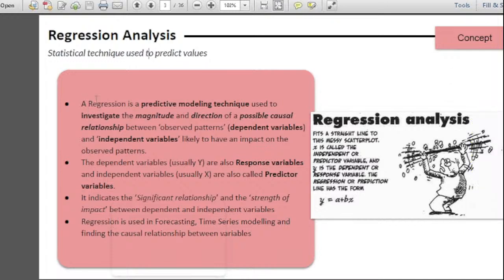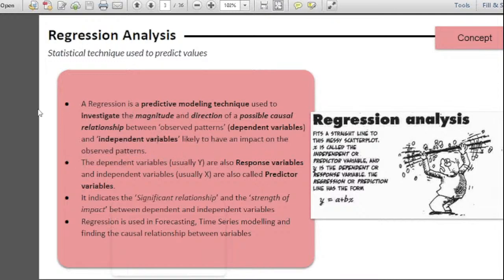So regression is a predictive modeling technique used to investigate the magnitude and direction of a possible causal relationship between the observed pattern, meaning the dependent variable, and the independent variables likely to have an impact on the observed pattern.